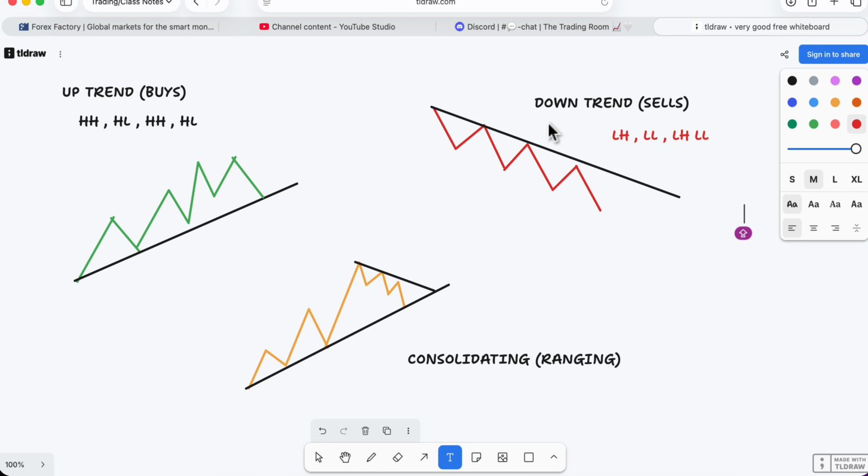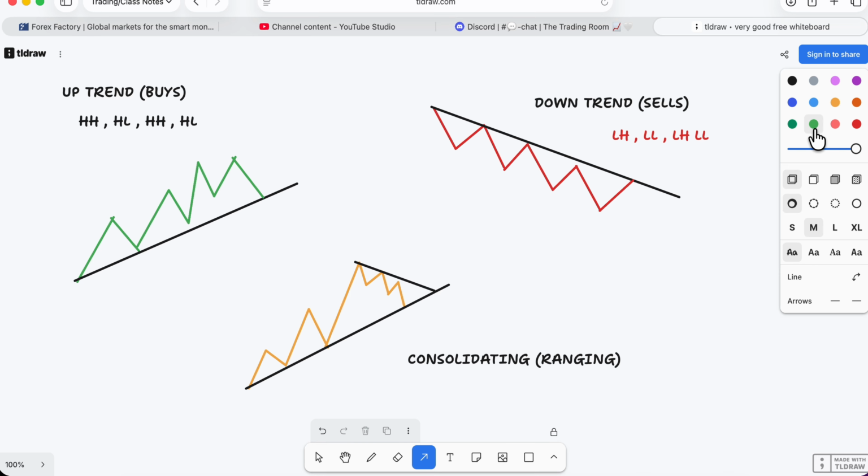So with that being said, when we are in a downtrend and we are making our trend line, we are connecting the highs. We're connecting this high to this lower high, to the next lower high, then to the next lower high, until eventually buyers step in and they create a higher high.